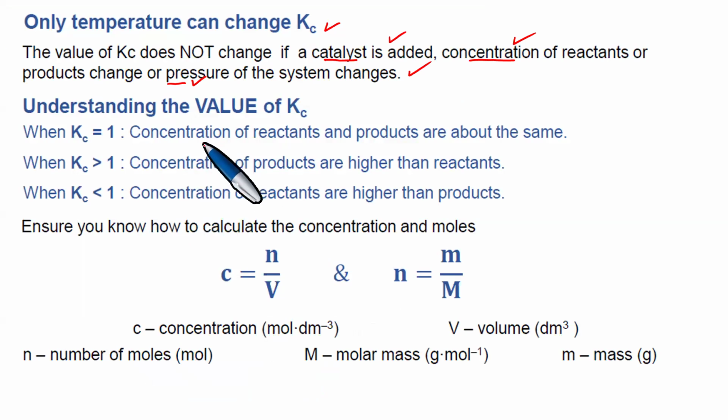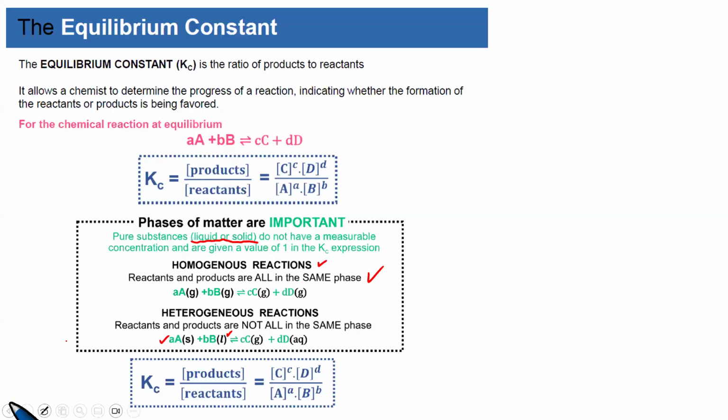So obviously, if we're dealing with solids, then you would be dividing the products and reactants which are in solid. So it's going to be 1, 1, 1, 1. Okay, but we can have a case where there is a solid, but not only a solid and a liquid. For example, let's look at this.